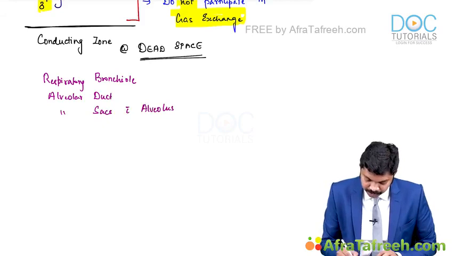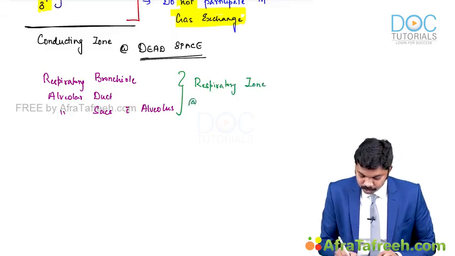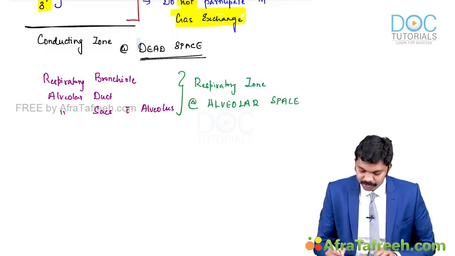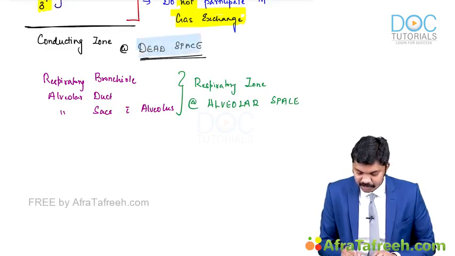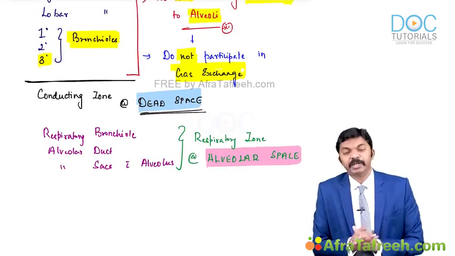These three structures, my dear friends, are called the respiratory zone. Respiratory zone, also called alveolar spaces. So on one side we have dead space, and just below the dead space we have alveolar space, from where the actual gas exchange and actual respiration takes place, doctors.